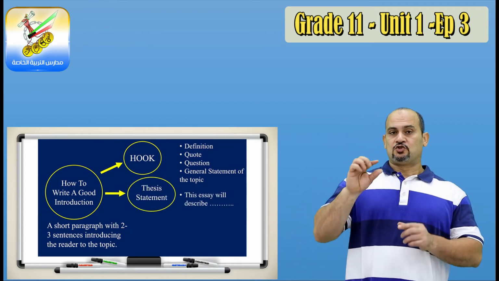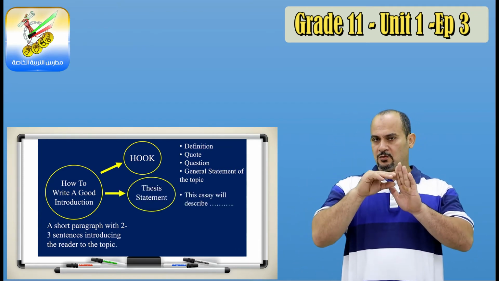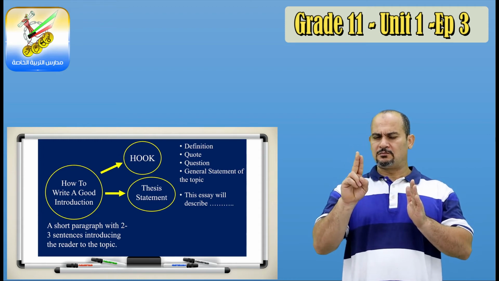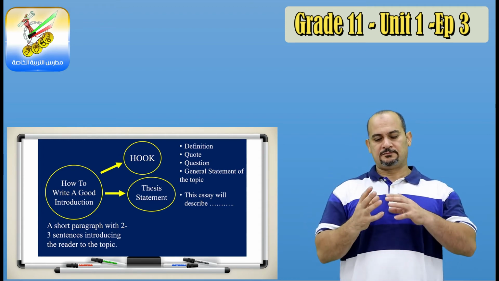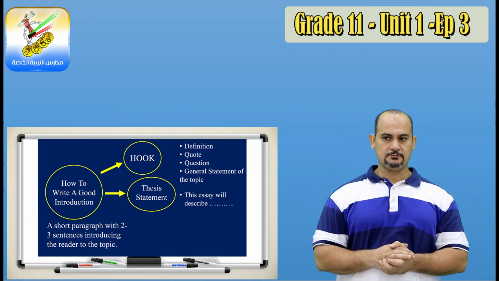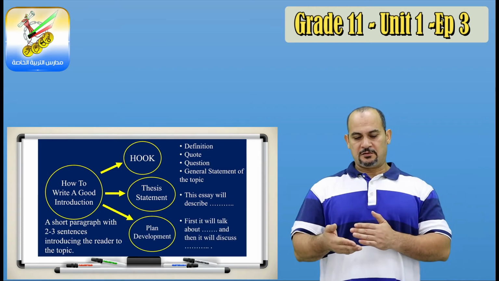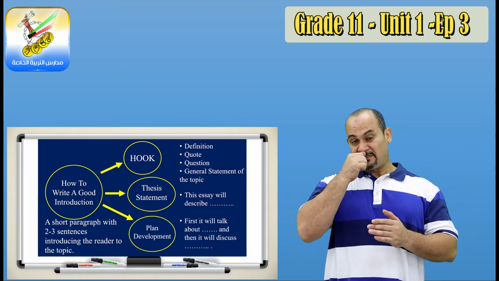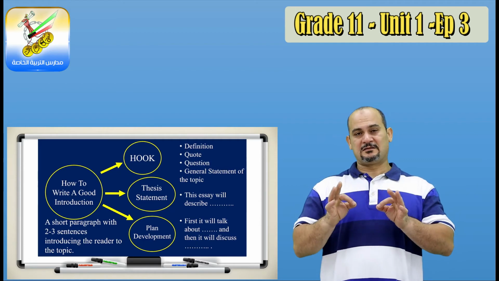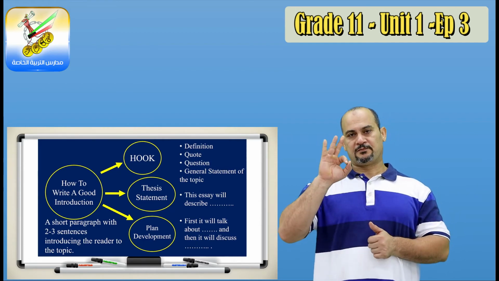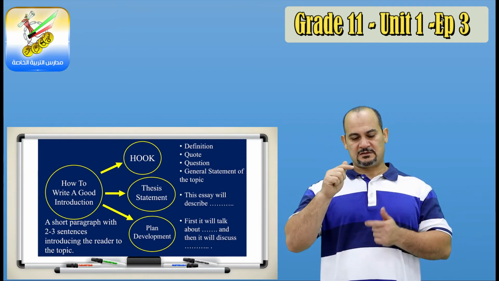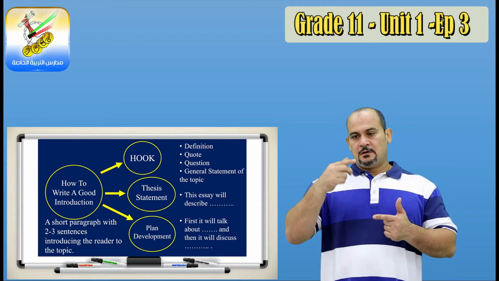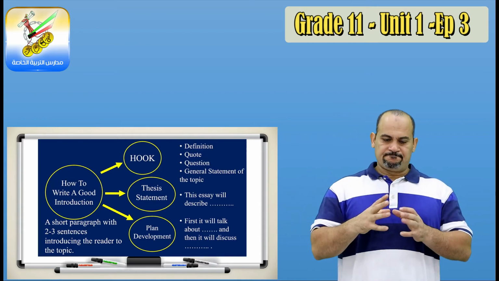Thesis statements, for example, you write this essay will describe, and then you talk about the essay that you want to talk about or describe. A plan development. Here's examples. First, I will talk about, then talk about your topic, and then it will discuss, then continue your topic.